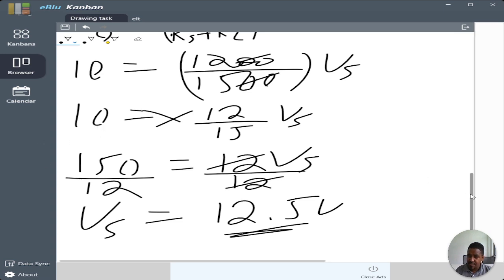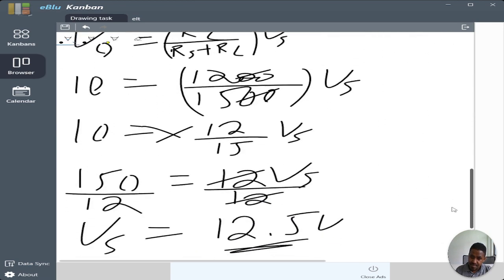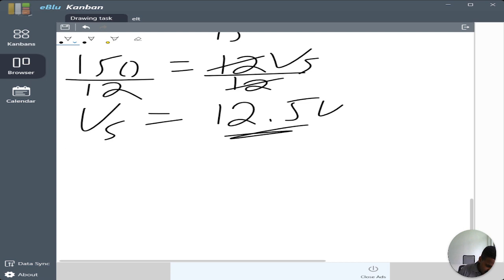So during this time our Vz becomes conducting. So the Rs resistor and RL must have 12.5 volt of Vs for our Vz to be in breakdown mode. Now let's continue.